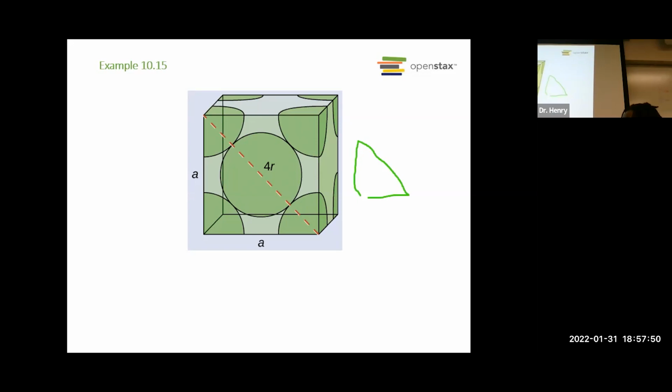But we can actually use that to figure out our calculations, right? Or you could use a squared plus b squared equals c squared.